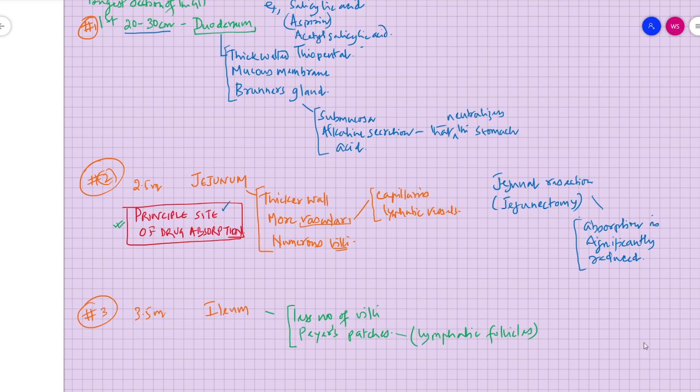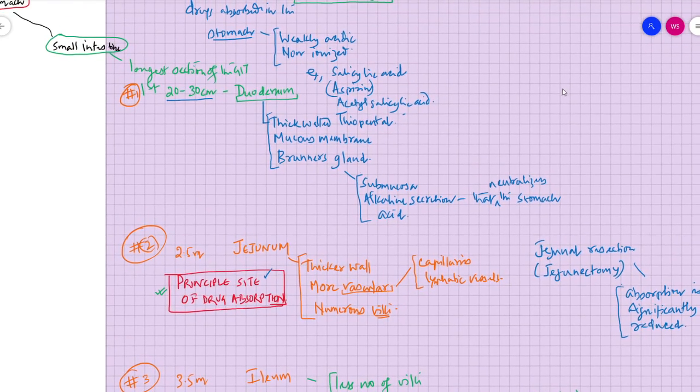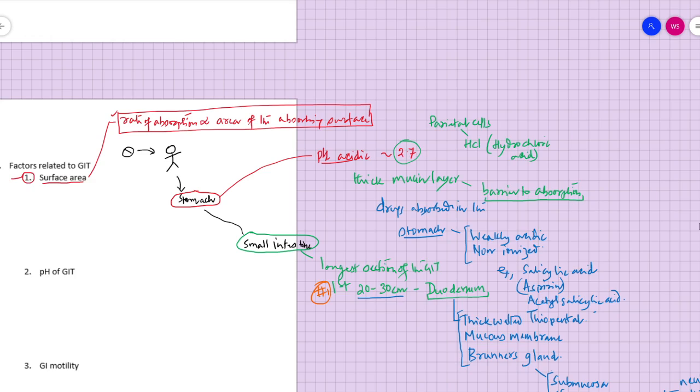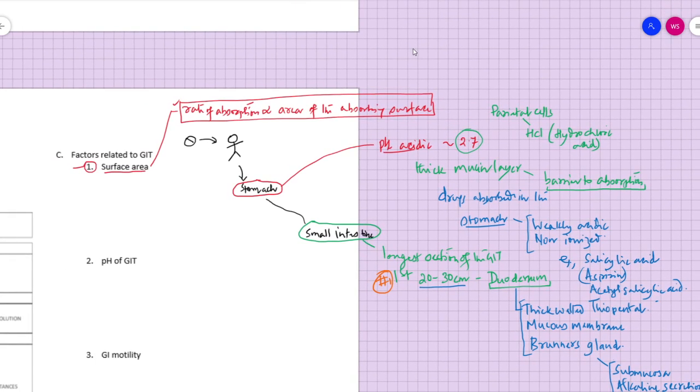Okay, so in summary, as far as surface area is concerned, we remember that the rate of absorption is directly proportional to the area of the absorbing surface. And we have noted that the maximal absorbing surface is found in the jejunum.